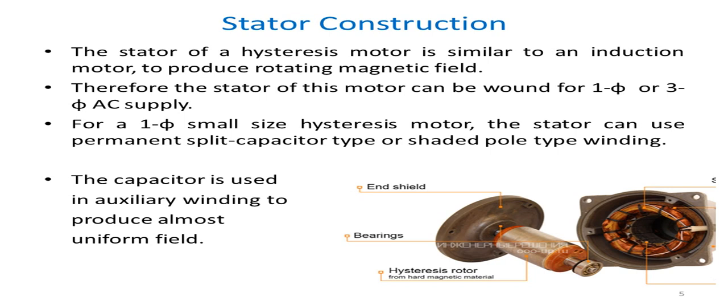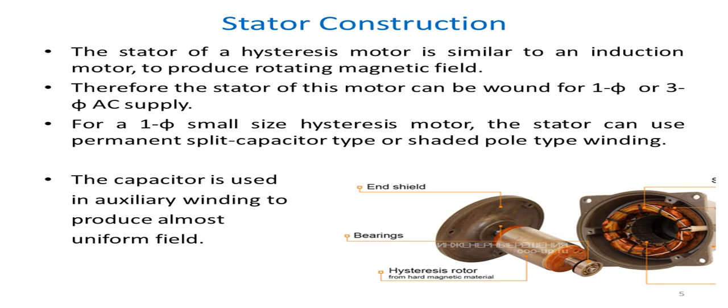So, a rotating magnetic field is to be produced whether it is a single phase motor or a three phase motor. For a single phase small size hysteresis motor, the stator can use permanent split capacitor type or shaded pole type windings. The capacitor is used in the auxiliary winding to produce an almost uniform field.